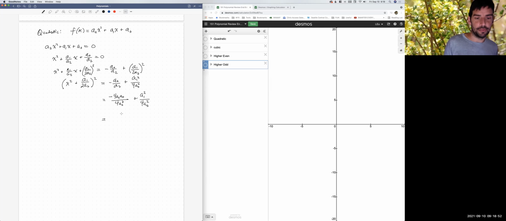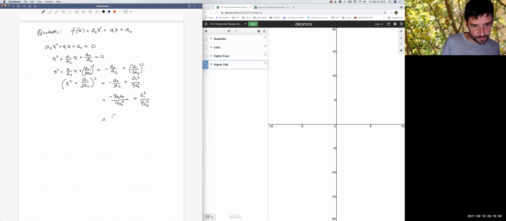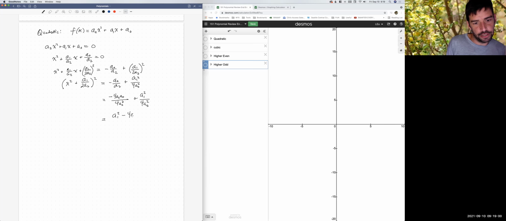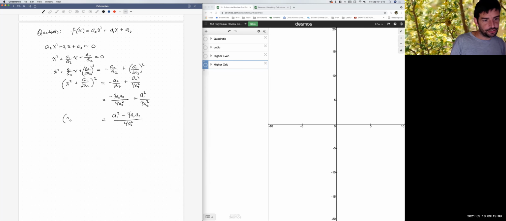And I have a common denominator now, so I can write it as one fraction. I'm going to write it in a little more familiar way. We've got a1 squared minus 4 a naught a2 all over 4 a2 squared. Okay. Meanwhile, nothing's changed over here.